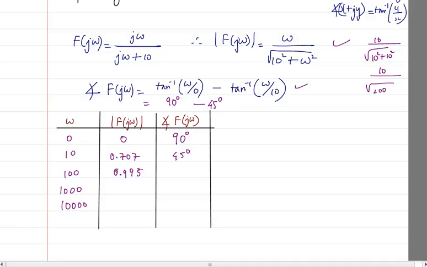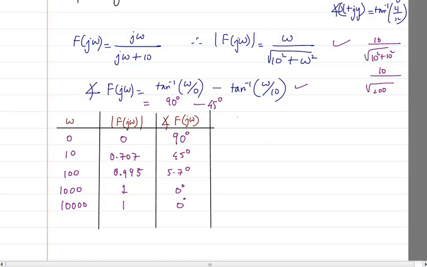So I will get the angle as 5.7 degrees. Similarly, for 1000, I will get 1, and here I will get the value as 0 degrees. If I keep on going further down, I will always get the value as 1 and 0 degrees.